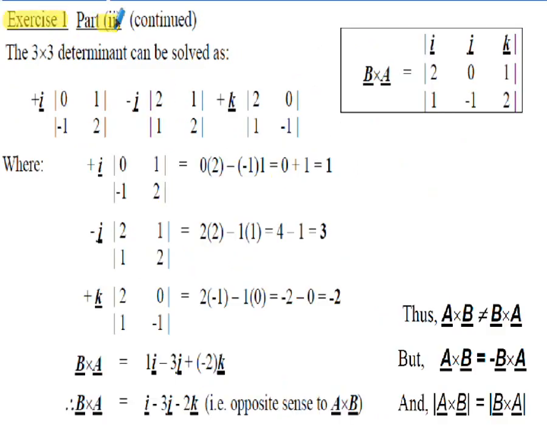Exercise 1 part 2 continued. Just repeated our vector product B cross A here for convenience. We're now going to solve for the B cross A vector product in terms of the i, j, k determinants. So for the i determinant, our coefficients are going to be 0, 1, minus 1 and 2, and we get that by covering up the i column and reading the coefficients to the right hand side.